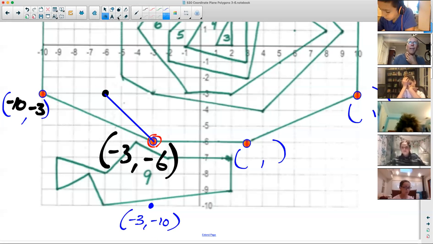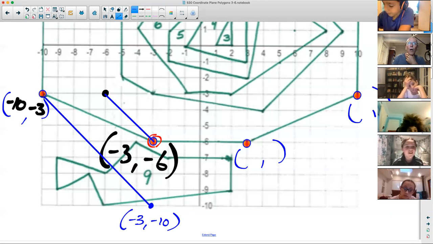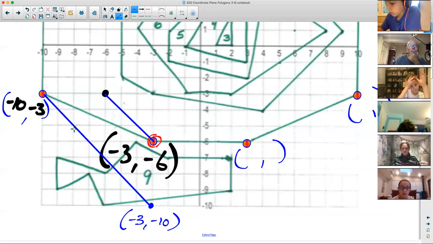Now, Tessa, tell me now about your conjecture. Now it's like, so if it was -3, -6, it's 3 squares apart. But if it's -3, -10, then it's 10 squares apart. And I'm not going to agree. I see something, Tessa, that is amazing.